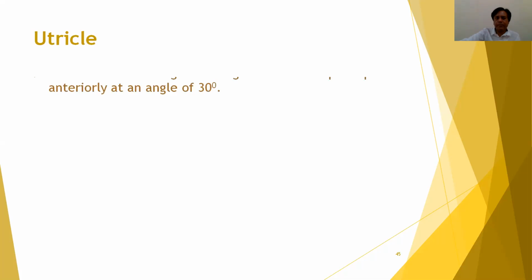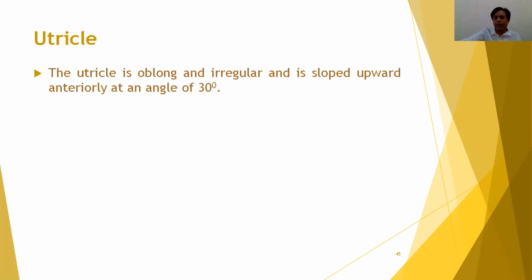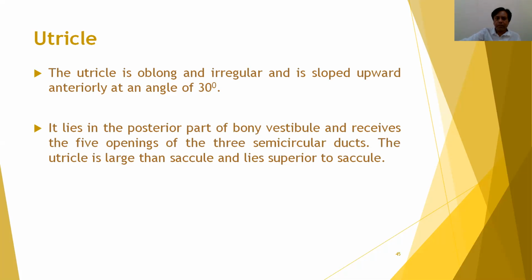Then utricle. The utricle is oblong and irregular and is sloped upward anteriorly at an angle of 30 degrees. It lies in the posterior part of the bony vestibule and receives the 5 openings of the 3 semicircular ducts. The utricle is larger than the saccule and lies superior to the saccule.